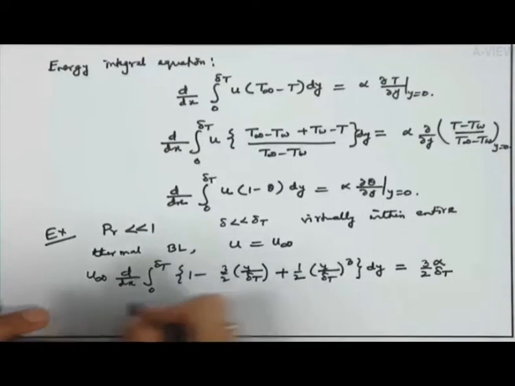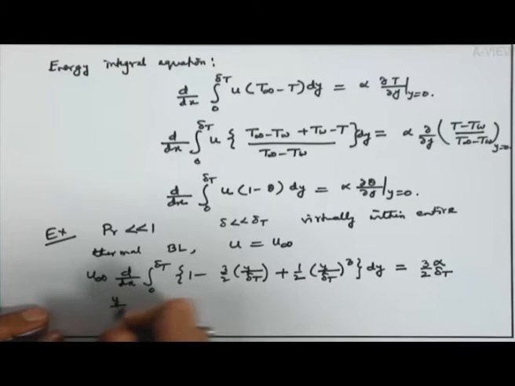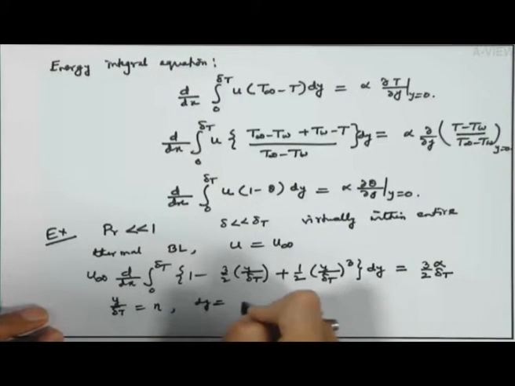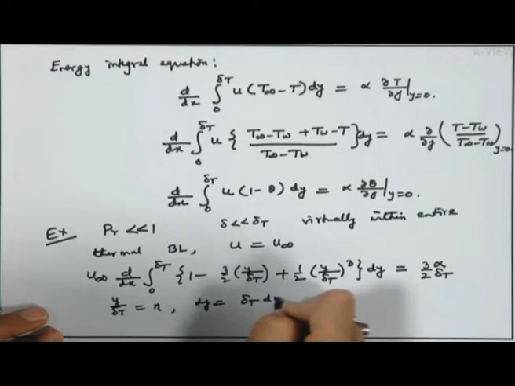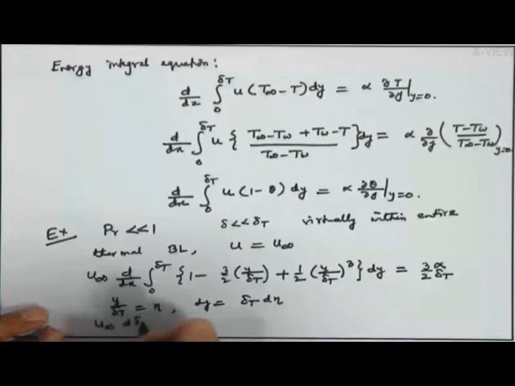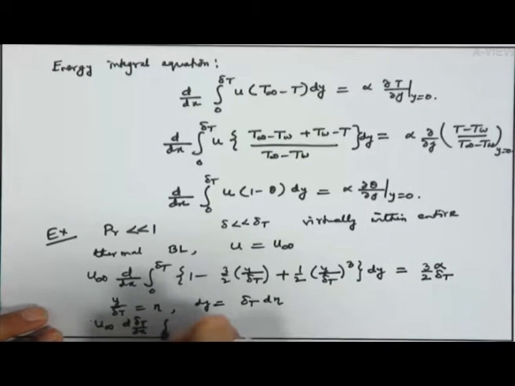So, now for this integration you can assume y by delta t is equal to eta. So, dy is equal to delta t into d eta. So, you have u infinity d delta t dx into, when y is equal to 0 eta equal to 0, when y equal to delta t eta is equal to 1.